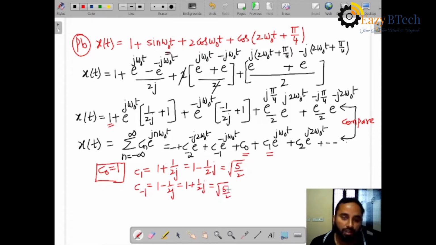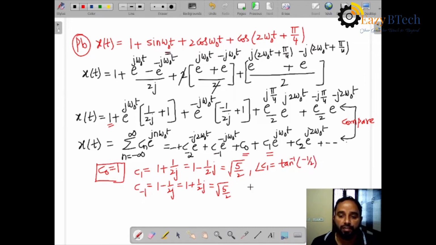If you take the phase of C1, the angle of C1, how to write the phase? Tan inverse of imaginary part by real part. The imaginary part is minus 1 by 2 and the real part is 1, so we get tan inverse of minus 1 by 2, a negative angle.